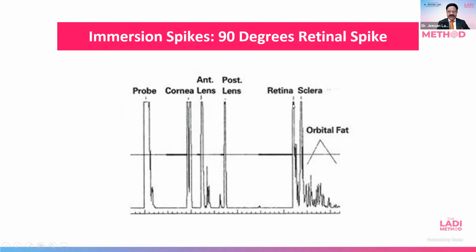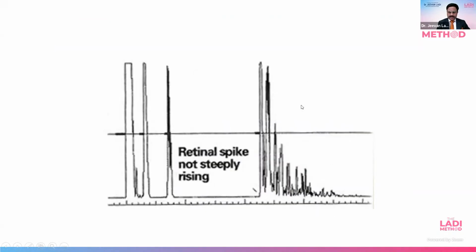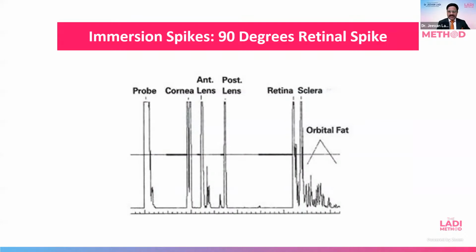This is a retinal spike, scleral spike, and this is the orbital fat. As the cataract becomes dense, these two spikes can be shorter compared to the corneal spike, which is normal and acceptable.